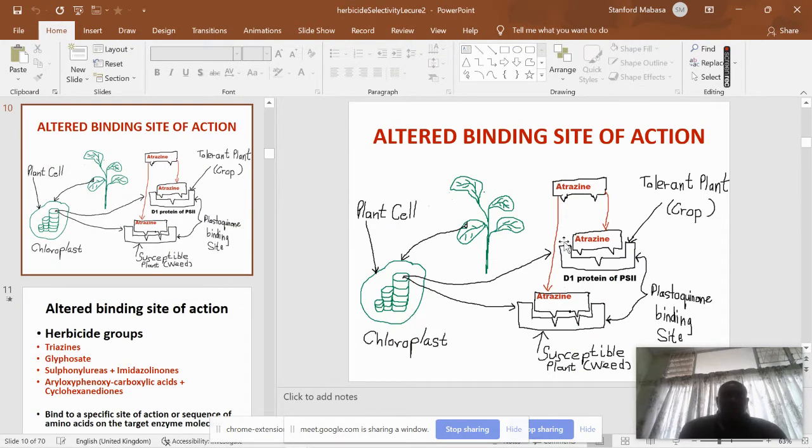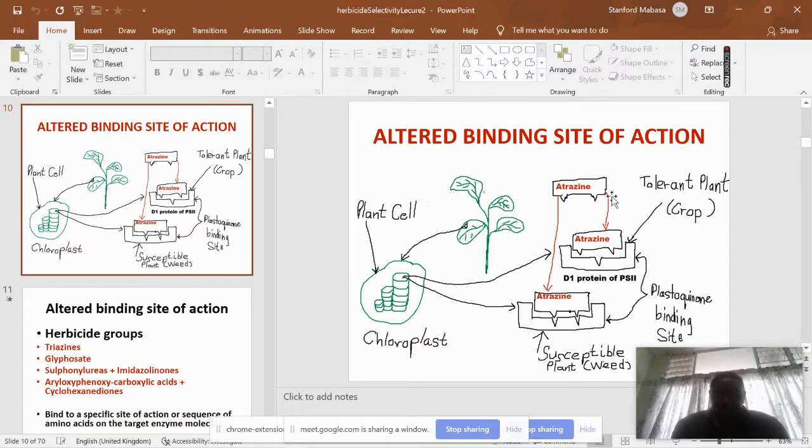So let's suppose we use this model to illustrate what we are going to explain. Here we've got a plant, and we cut a small piece and examine the cell. We are going to find the chloroplasts, which are very small. And we can use atrazine as our example.